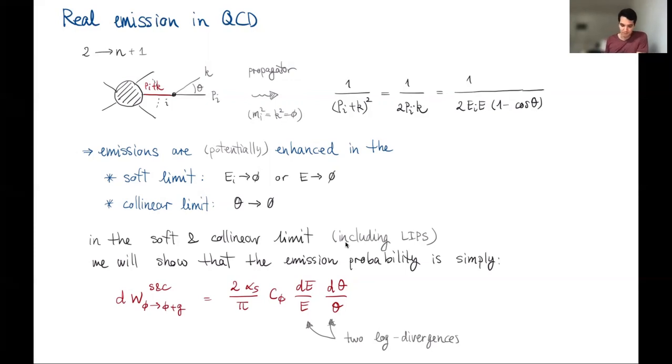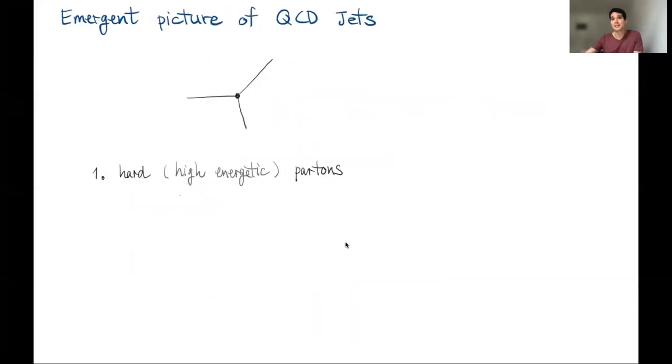So what does that mean? It means that once I have this kind of a configuration with, in this case, 3 hard partons which go into these 3 directions, first of all, I have the property of asymptotic freedom, which tells me that at these high scales, I'm allowed to apply perturbative QCD for the description of the process.